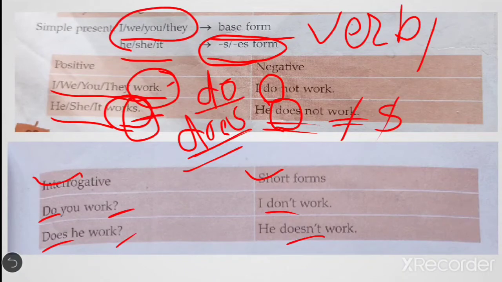In place of does not, you have to use doesn't. So this is about simple present, how to frame the sentence. You have already learned in 6th standard how to frame this sentence. It's only a reminder for you, because the simple present and present continuous tense you have already learned in 5th and 6th standard.